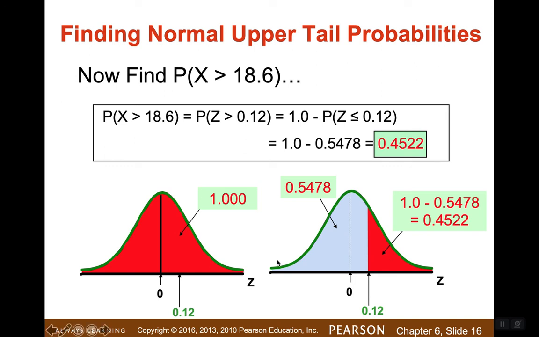Don't forget, everything adds up under the normal distribution to be 1. 0 is our expected value or median or the mean, and 50% is on either side. So if I calculate the one value, if I simply subtract it from 1, I will get the other value. I can estimate the other side.